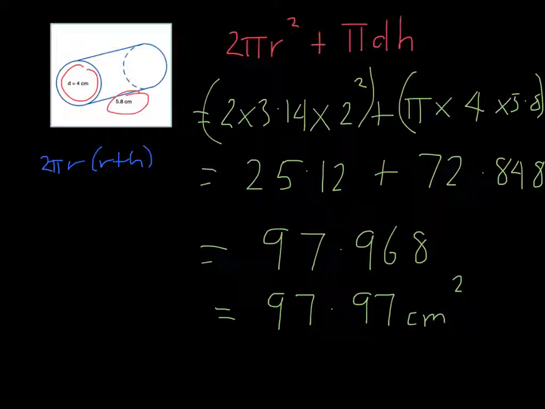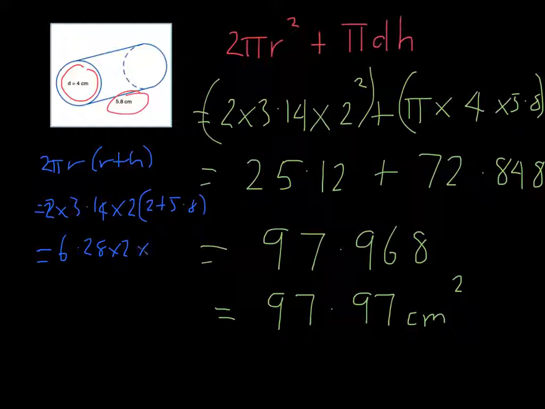If we had used the other formula, 2 pi r times r plus h, it would have been 2 times 3.14 times the radius, which is 2, all multiplied by what's in the brackets, which is 2 plus 5.8. So that would have been 6.28 times 2 times 7.8.